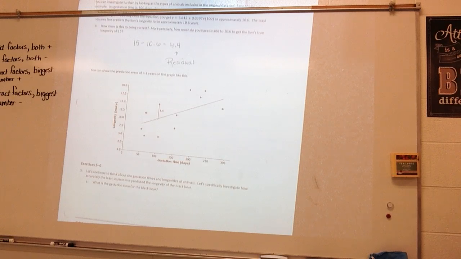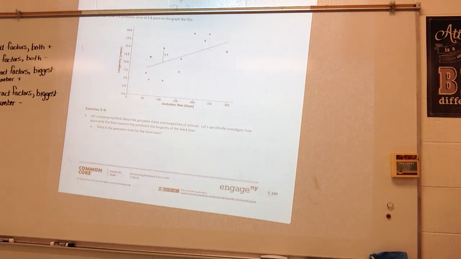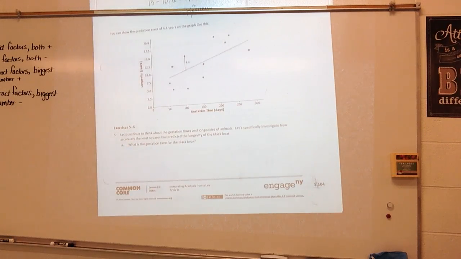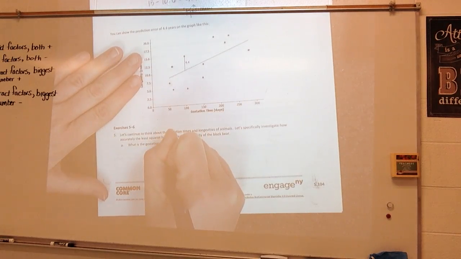All right, let's continue to think about the gestation times and longevities of animals. Let's specifically investigate how accurate the least squares line prediction is for the longevity of the black bear. So what is the gestation time for the black bear? Well, if you go back to your chart, it told us the gestation time was 219 days.